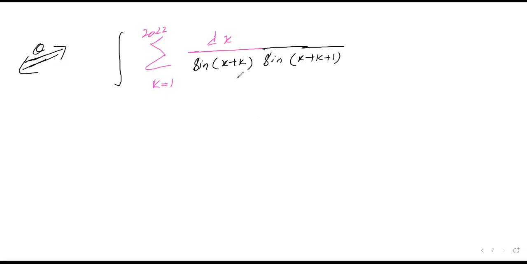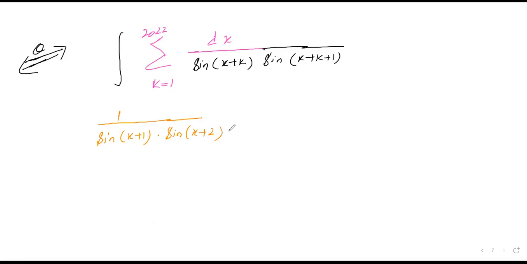So here, what is our motive? Our motive is to make our integrand in the simplest form so that we can use our standard formula. So let's see. After putting k here, you will get this one, sine x plus 1 into sine x plus 2.